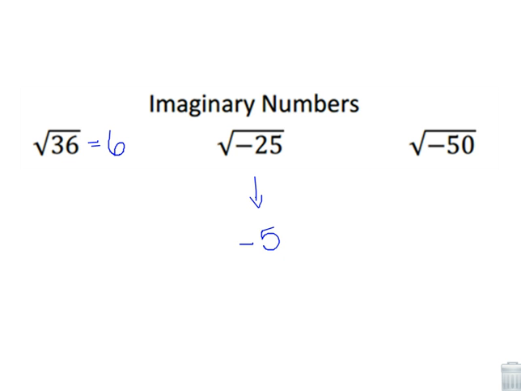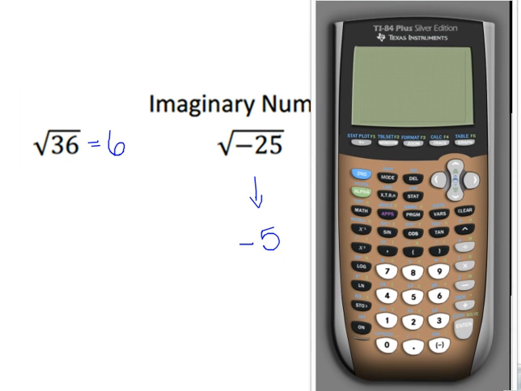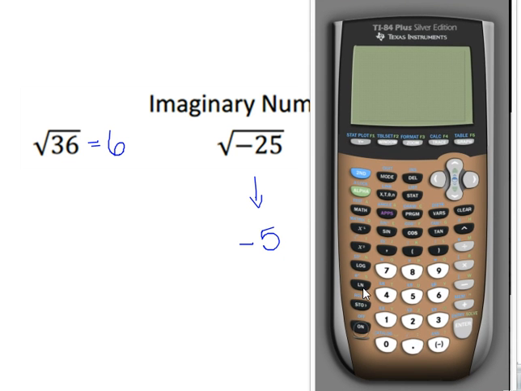But actually, if we check it out on a calculator, let's check out the square root. First of all, let's check out the square root of 25. Kind of redundant, because we already know what this is, but the square root of 25 is 5. And if we happen to try the square root of negative 25, our calculator will tell us, nope, not possible.